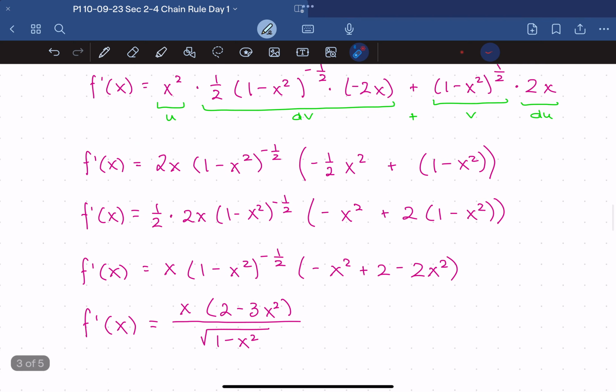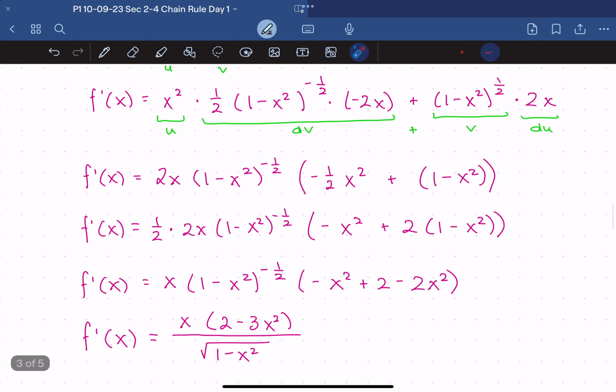So let me back up here. We'll go this far. So once we took the derivative, we had 2 terms. We had this whole term and this whole term. And there was a 2x in both. And actually, if we had gone ahead and multiplied these together, it would have saved a little bit of time.